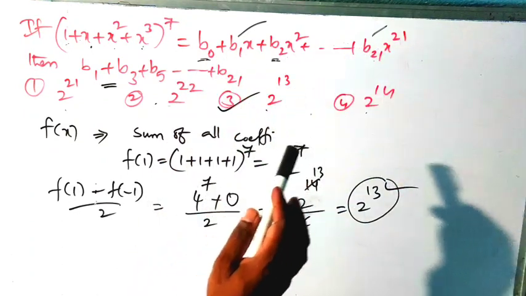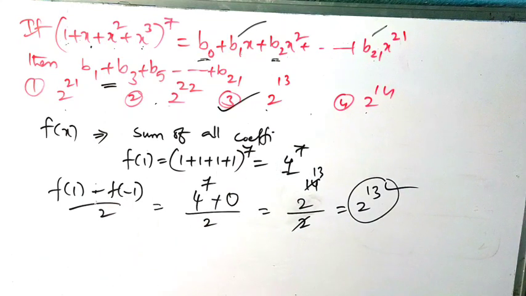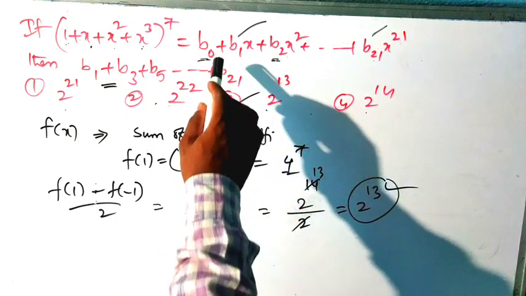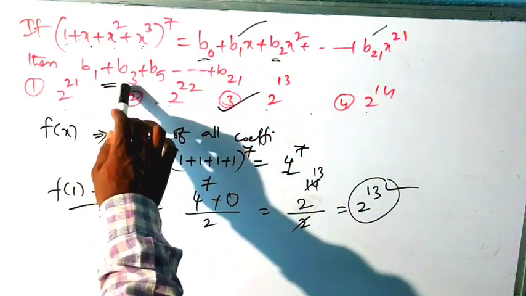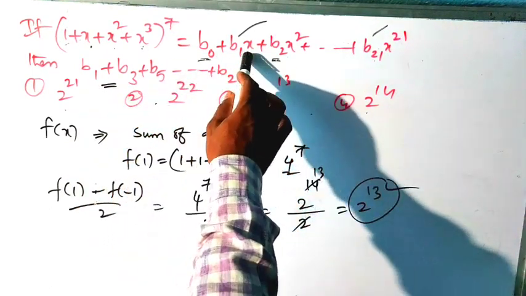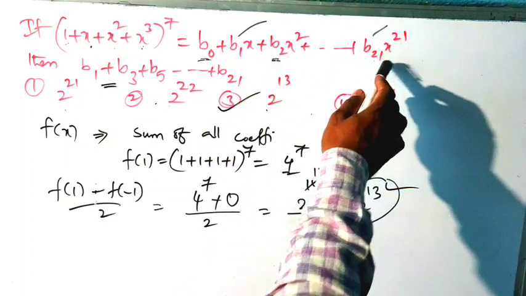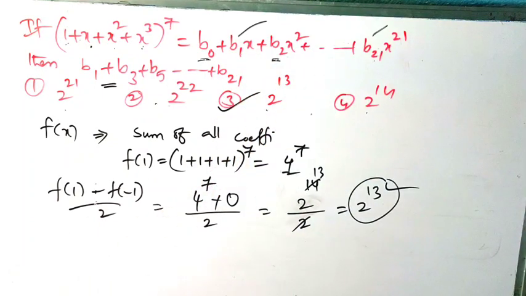The sum of even powers is (f(1) + f(−1))/2. The sum of odd powers, b1, b3, b5 up to b21, is (f(1) − f(−1))/2. So this is the actual formula.